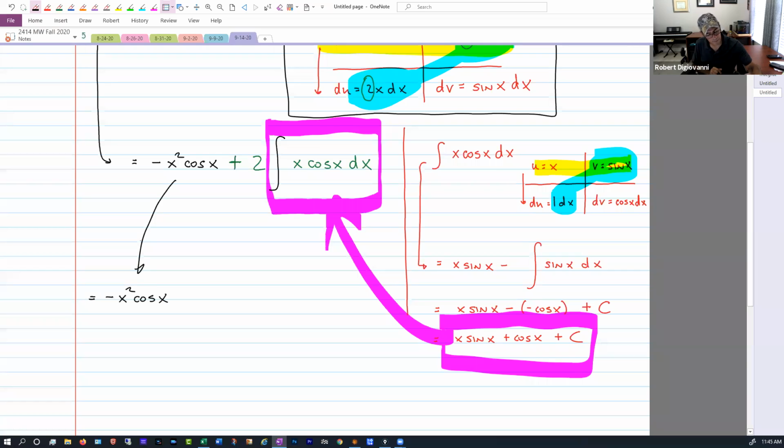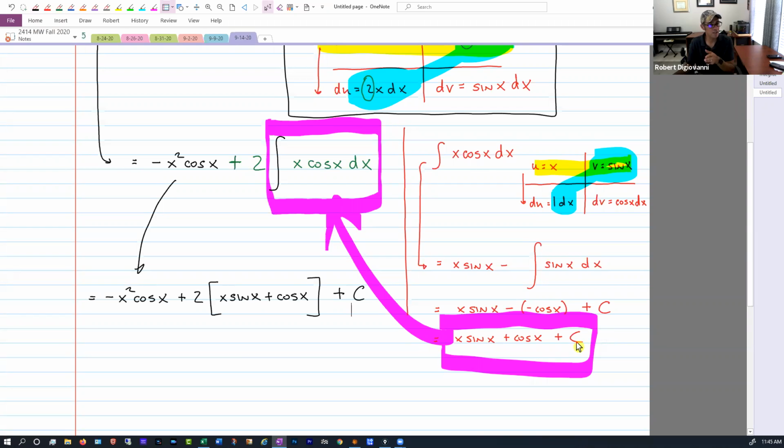Just bringing that down, plus 2 times, now you could probably have distributed this without putting it in brackets. So this 2 goes through and hits all this. Notice that it should have distributed to the c and become a 2c, right?